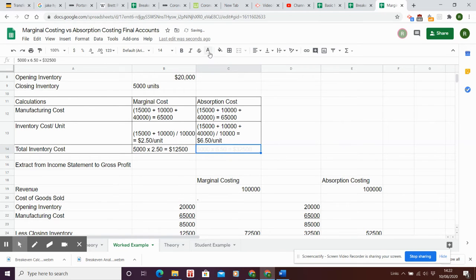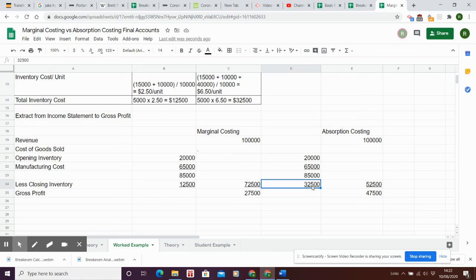Okay, and then I'm going to calculate the total inventory costs, where I would do 5,000 units because I've got 5,000 units in inventory times 6.50 equals 32,500. That gives me a cost of sales of 52,500, and my gross profit is going to be higher.